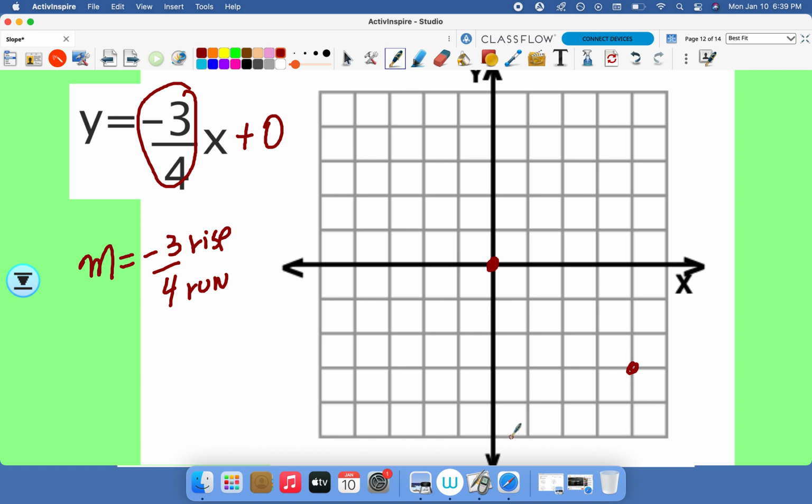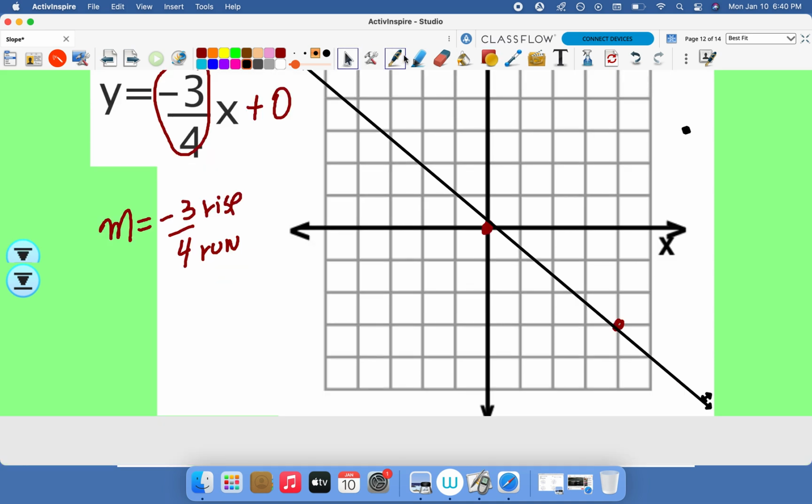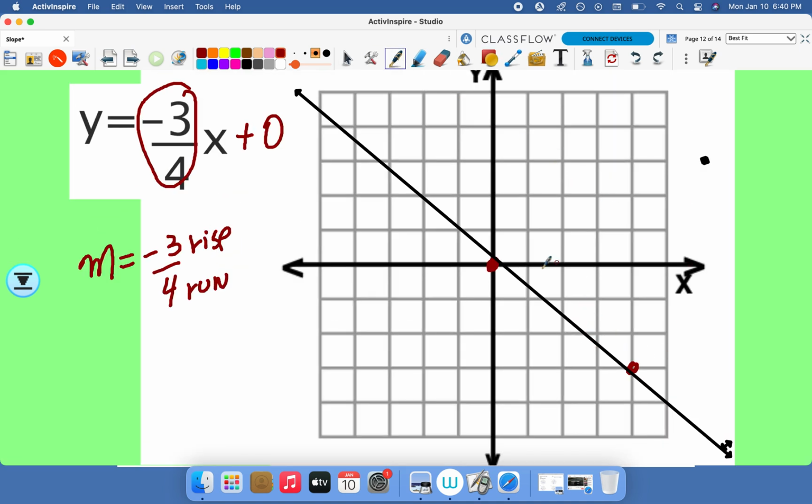There we go. That's all I need, 2 points. I can connect now. I can do a better job. There we go. And that's my line, and we'll call this y equals negative 3/4 x.